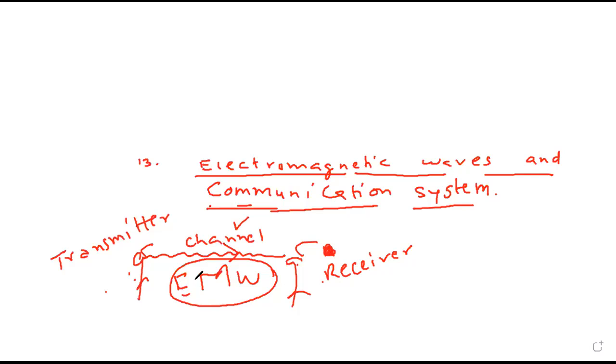This thing forms a communication system. And through this channel, electromagnetic wave will travel, which is containing the information such as audio, video signals. So now what are electromagnetic waves? And then we'll see how it is helpful in communication system.